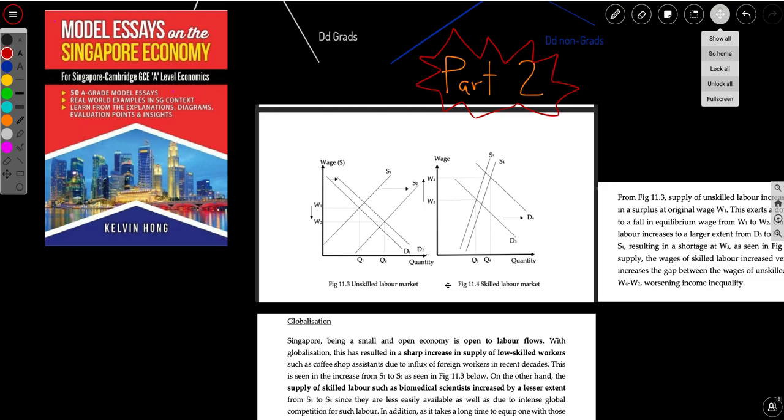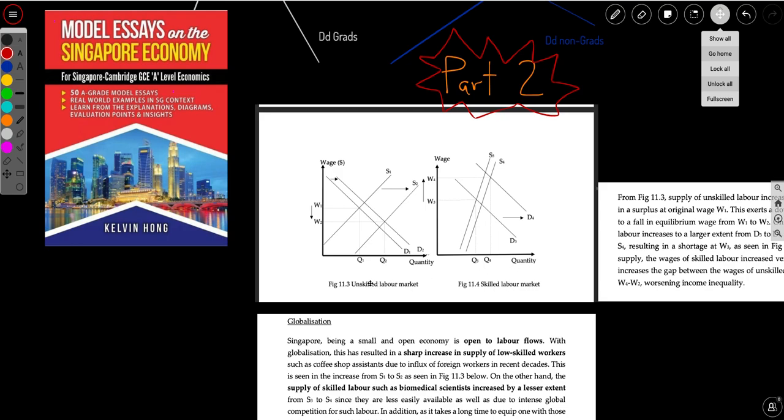So over here, the skilled labor market represents the university graduates. Here, the unskilled labor market represents the non-university graduates. Non-university graduates aren't unskilled, but we are just making use of the already available diagram to do this analysis.